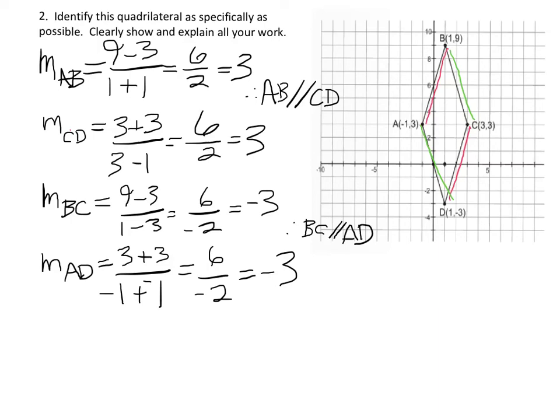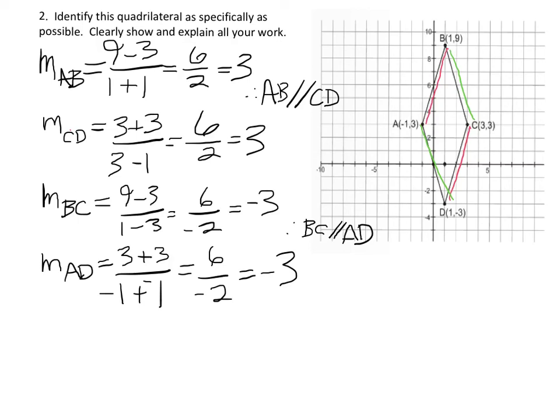Now I need to see, is it a more specific kind of parallelogram? I need to think about how can I prove something to be a more specific kind of parallelogram. If I know something about the diagonals, I could prove that. Now, I might not actually have to show any work for this if I do this in a clever way.